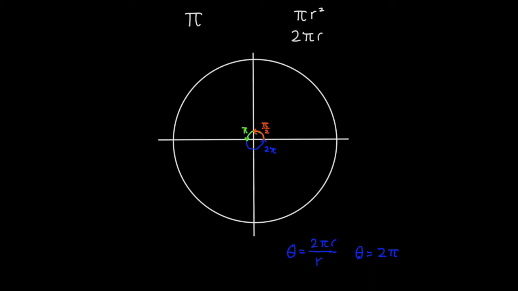We'll leave it as a fraction because if not, we would have to make an approximation. Remember that pi was an irrational number. And finally, 270 degrees would be, by the same logic, 3 over 2 pi, or 3 pi over 2.